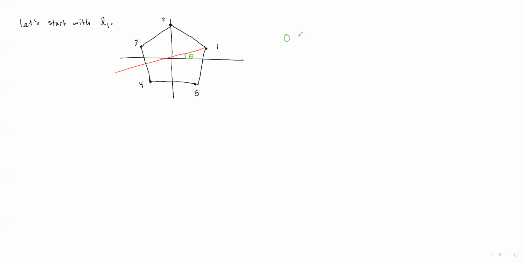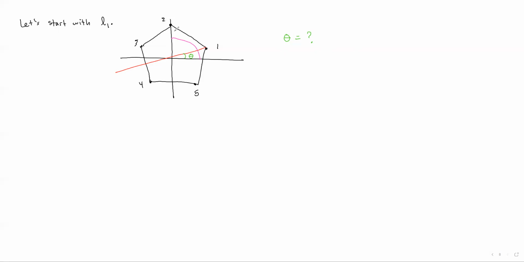So what is theta? Does anyone know the answer? It's not. So to find theta, you take this bigger angle in pink.